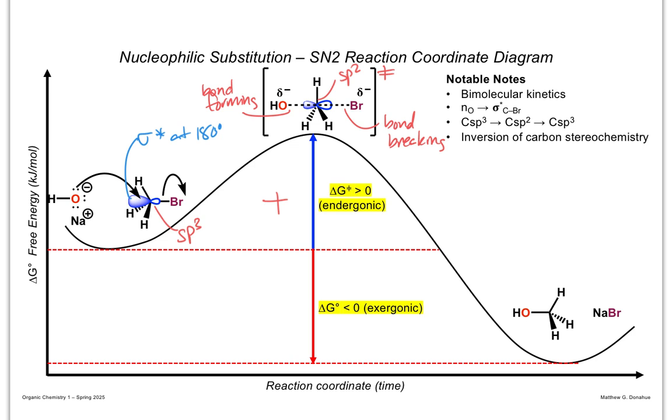And so that's, again, going uphill to the very top, and then when we go down, the O-C bond is fully formed, the C-Br bond is fully broken, and now we're in the product well, and the carbon has gone back to sp3 hybridization.